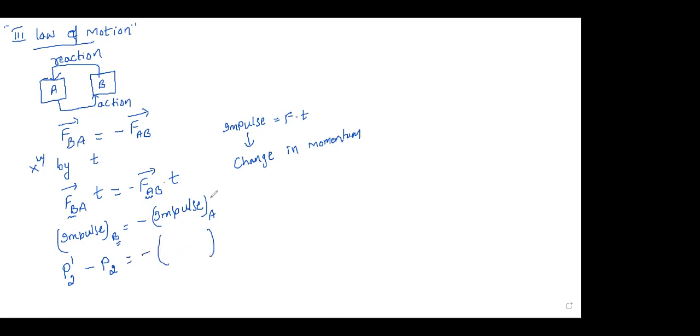What is the impulse of A? Change in momentum, let it be P1 dash minus P1. P1 dash is the final momentum of the body A. P1 is the initial momentum of the body A. So P2 dash minus P2 is equal to minus P1 dash plus P1.